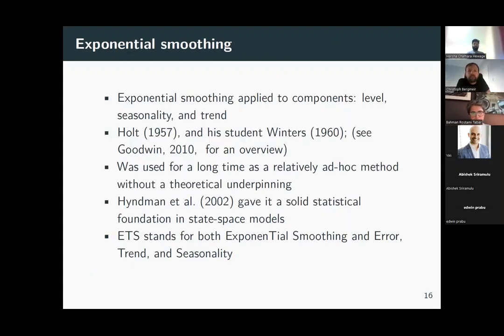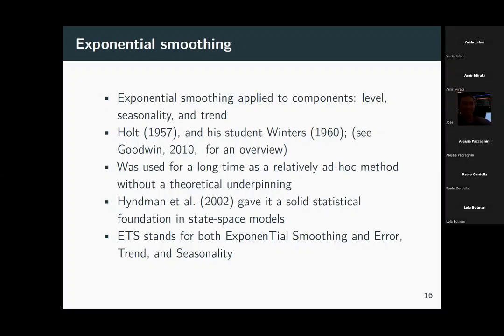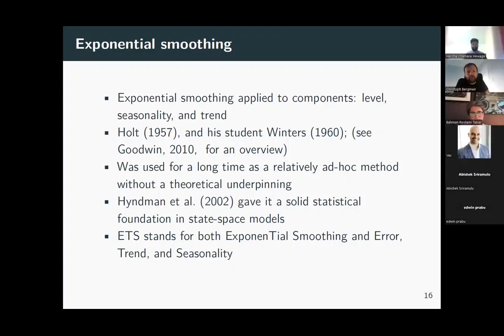Now exponential smoothing is basically this idea of simple exponential smoothing applied to components. So you would have a level, seasonality, and trend component. This method dates back to 1957, and it was used for a long time as a quite ad hoc method without any theoretical underpinning.